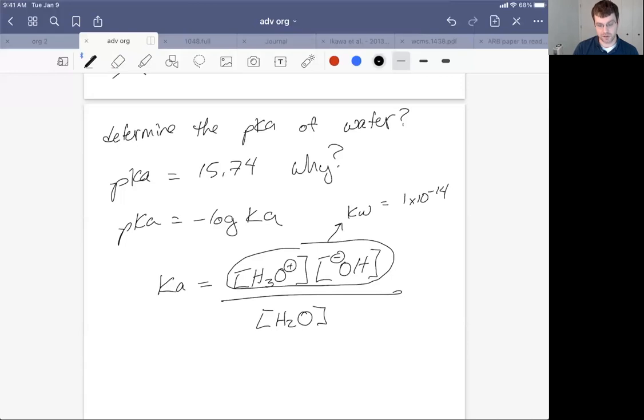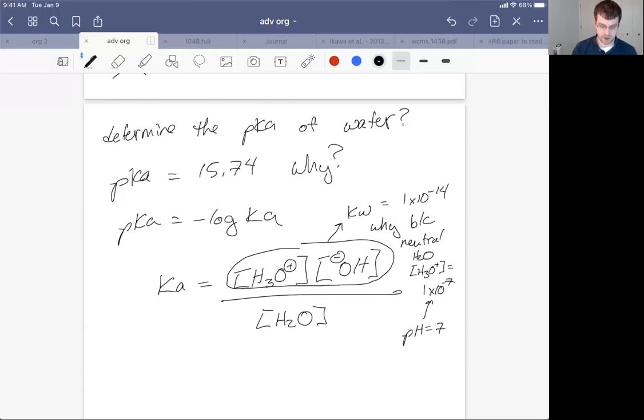So this is the concentration of the H plus and the OH. Well, neutral water has a concentration of H3O plus equal to 1 times 10 to the negative 7, which is, if you recall, the pH of water, pH equals 7.